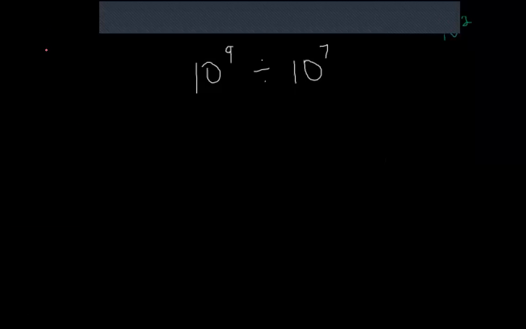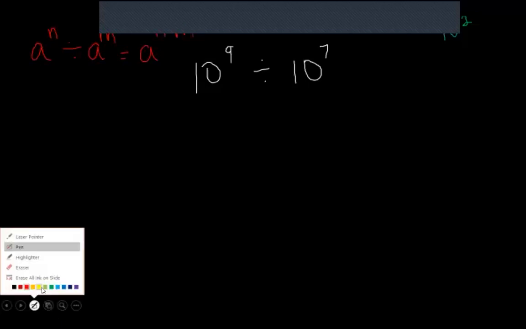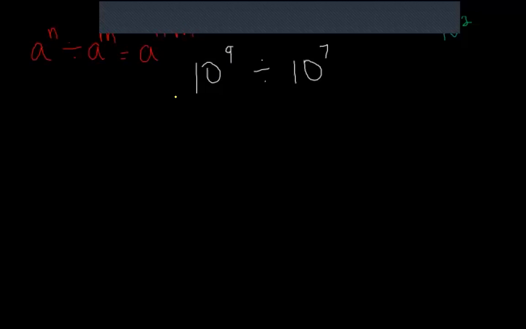The rule that would apply here is this one, the second one that we learned: a to the power of n divided by a to the power of m. What we do, we subtract the powers. So this would give me a to the power of n minus m. I know that I could apply this rule for this question because the bases are the same.